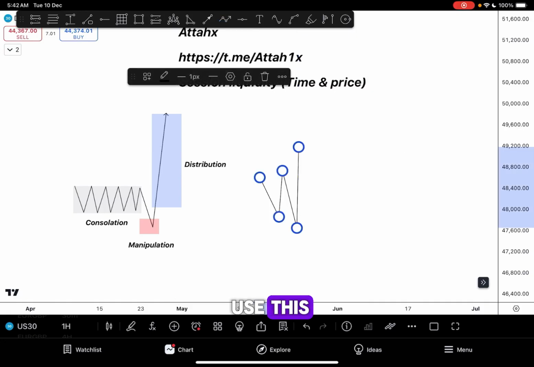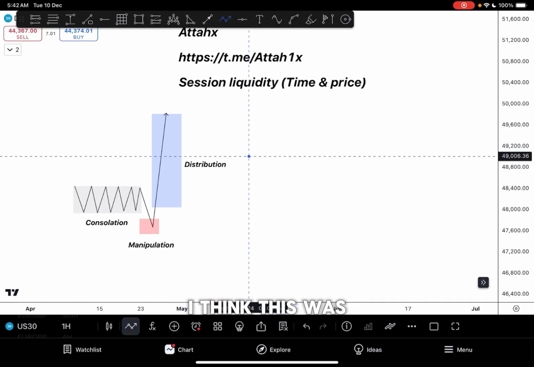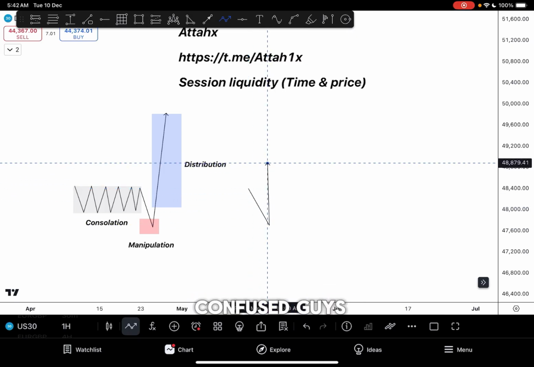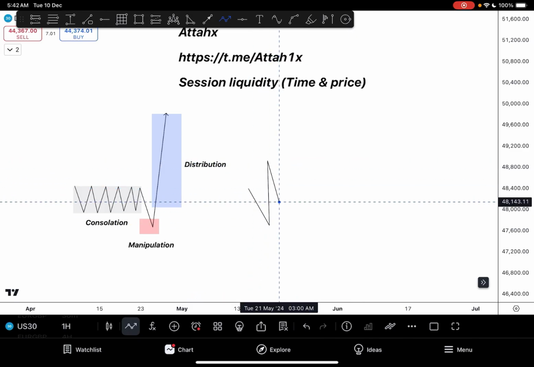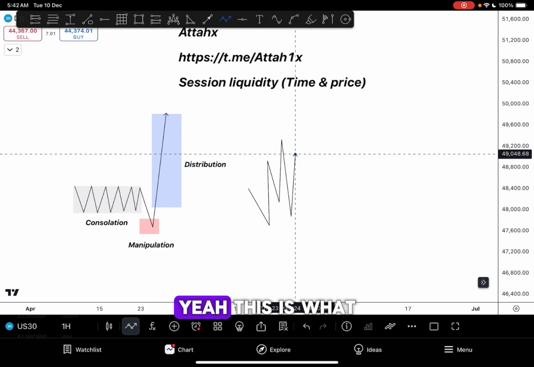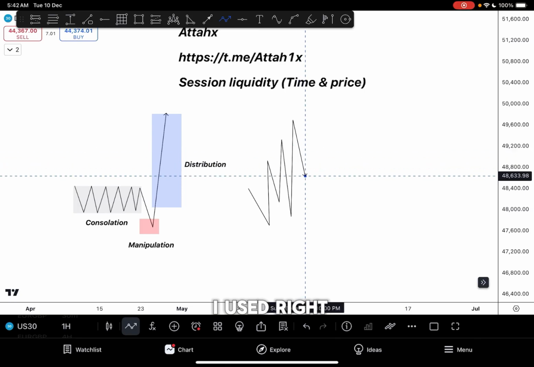Okay, let me not use this. I think this was the example I used, so you don't get confused, guys. Yeah, this is what I used, right?